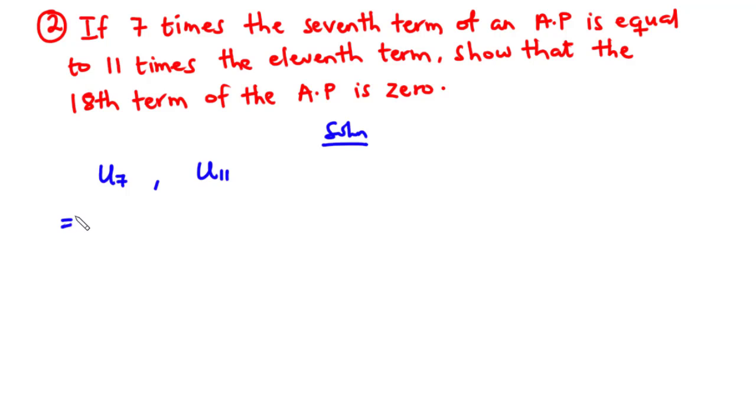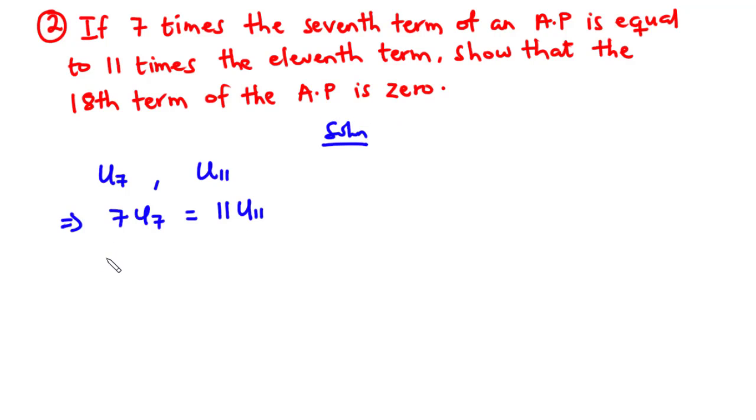So this is very simple. Now let's continue. Now if that is the case, then we have to show that the 18th term of the AP is 0.